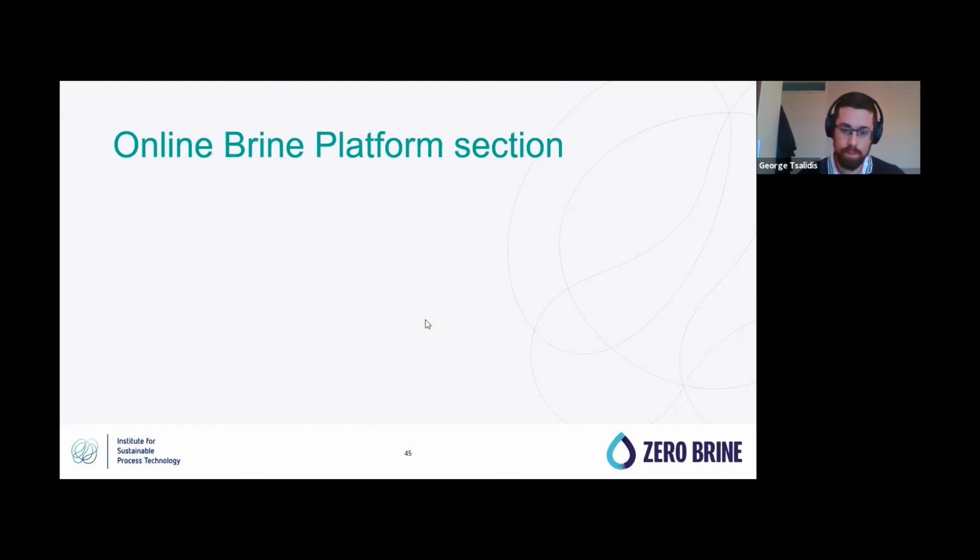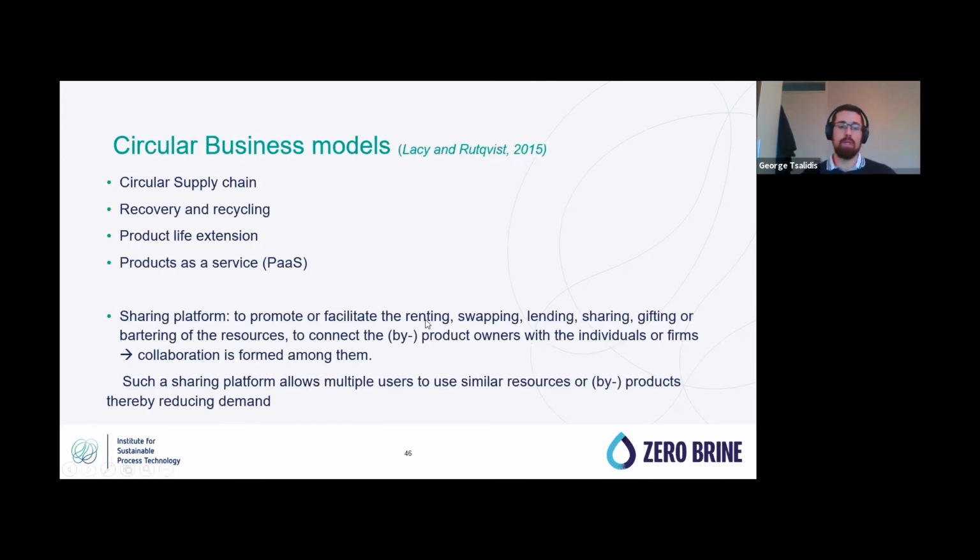So there are different circular business models, others that focus on circular supply chain, on the recovery and recycling of materials, on extending the product life, or even considering product as a service.